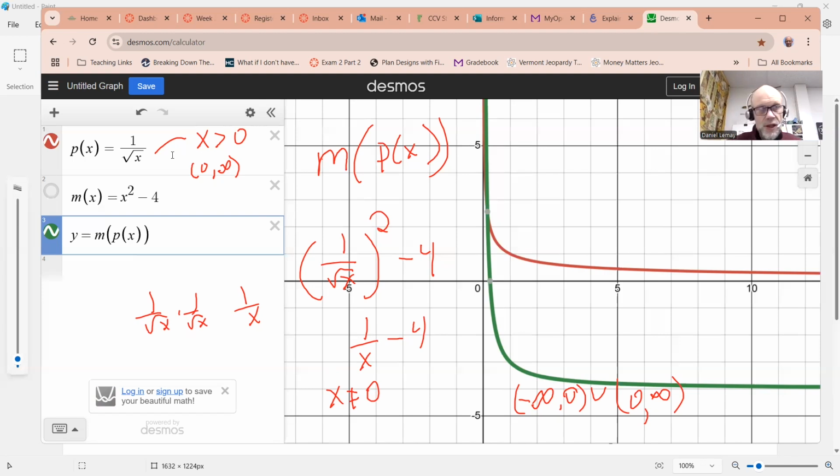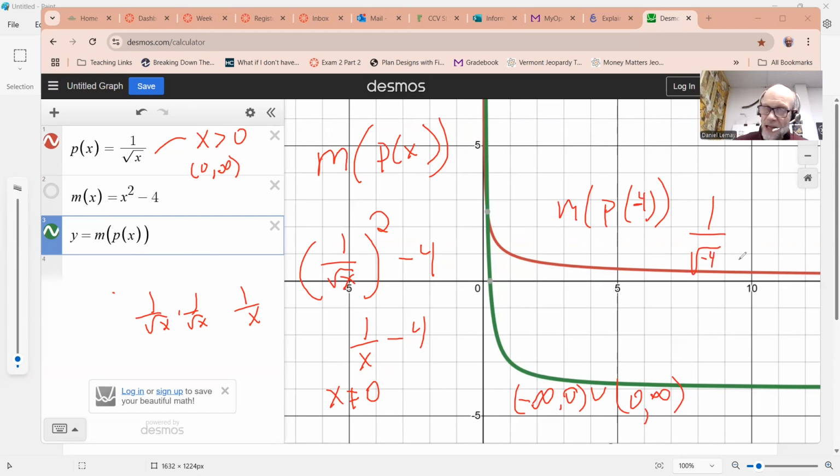I mean, if you wanted to do this numerically, if they were asking me to find M of P of -2. Let's do a number we take the square root of, except that it's going to be negative. If I try to drop -4 into the square root, 1 over the square root of X, I can't take the square root of -4.